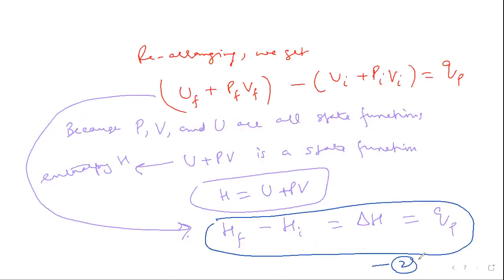So this equation 2 is telling us that for a process involving only PV work, we can determine the enthalpy change by measuring the heat flow between the system and surroundings at constant pressure conditions.